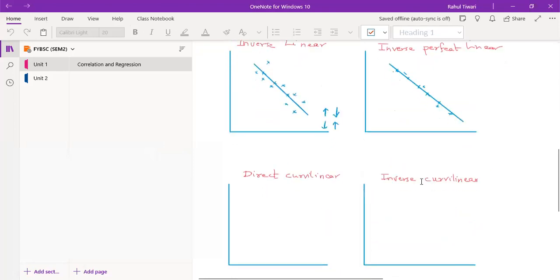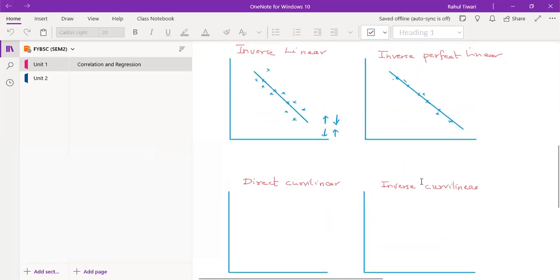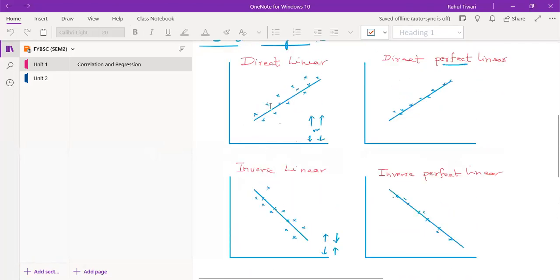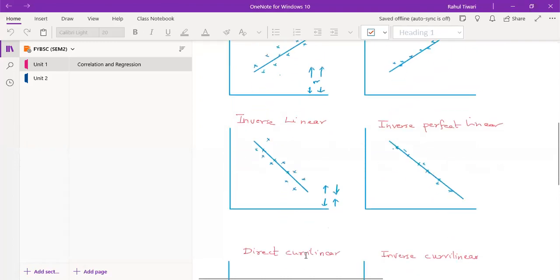Yeah. So I was talking about the inverse perfect linear relationship. Now let's talk about the direct curvilinear. What does direct curvilinear say? Direct you understood, it will be like this. But why is it curvilinear?